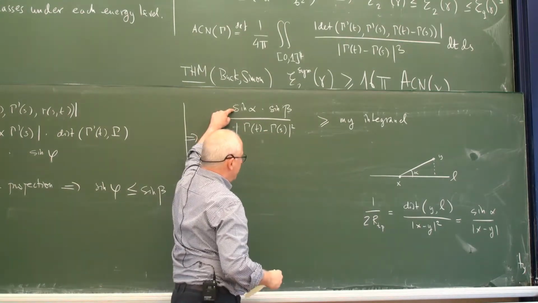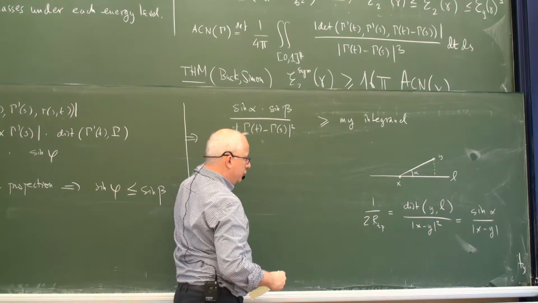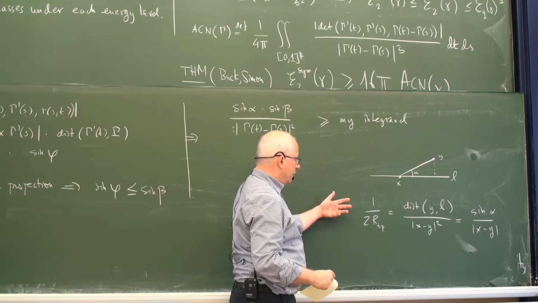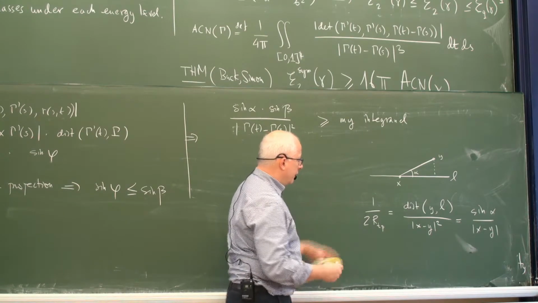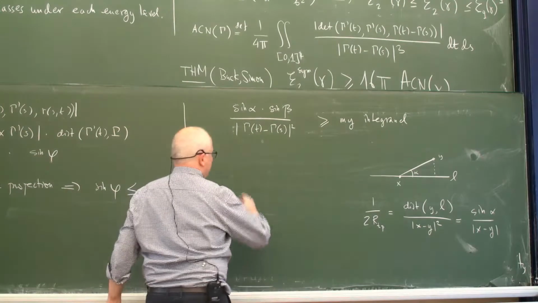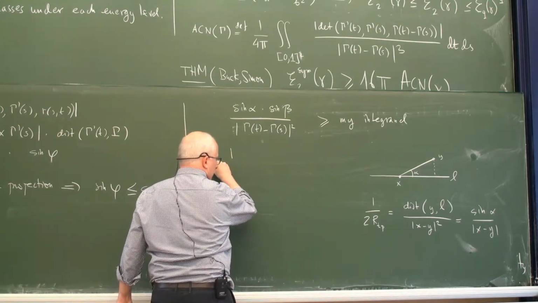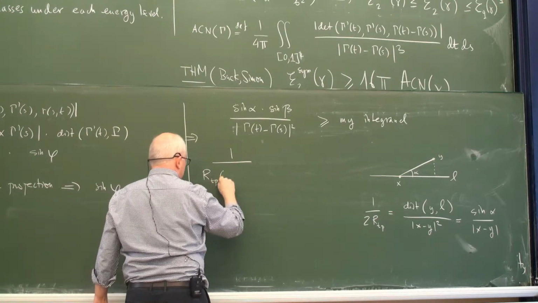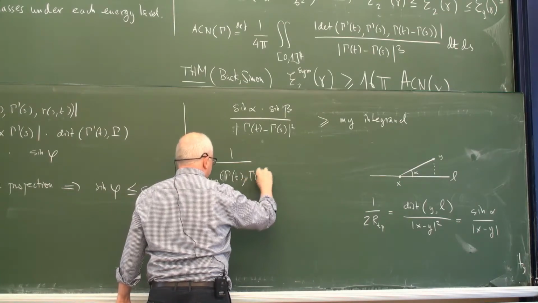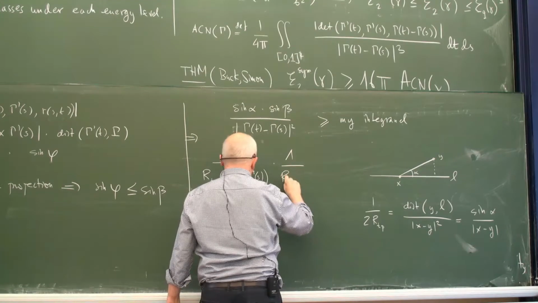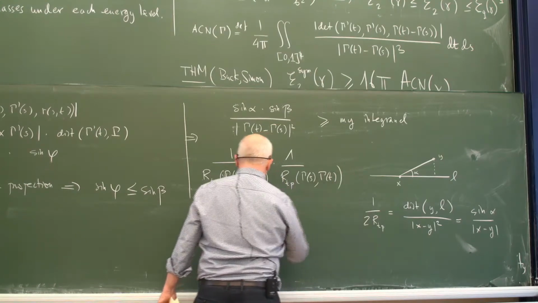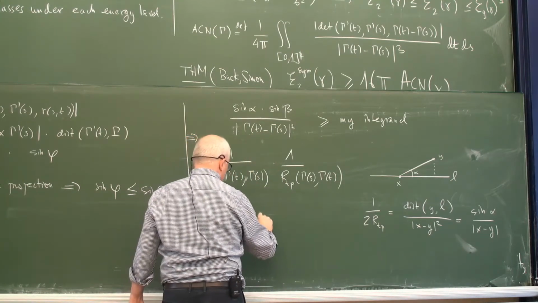So the first sine with one distance gives you 1 over 2 RTP, and the second sine with another distance gives you the second RTP, and this simply means that 1 over RTP gamma t minus gamma s, RTP gamma t gamma s, sorry, times the second radius with the 2 points exchanged is bigger than 4 times the integrand.